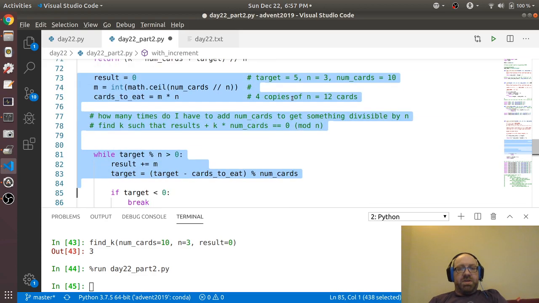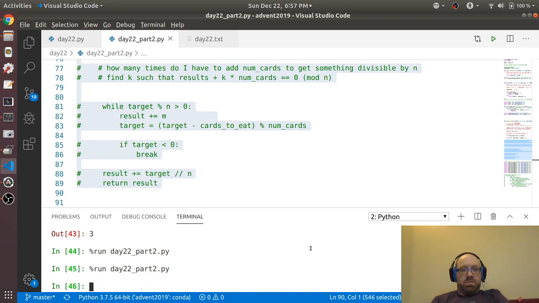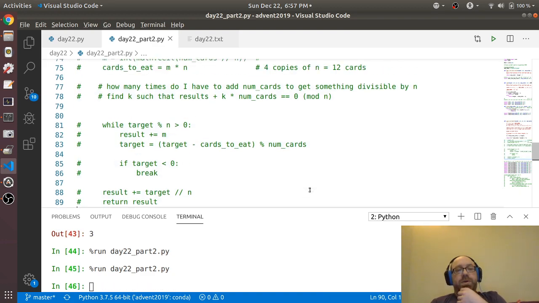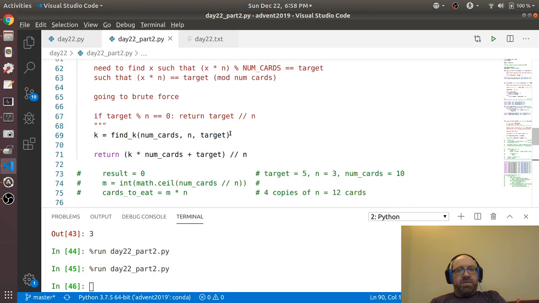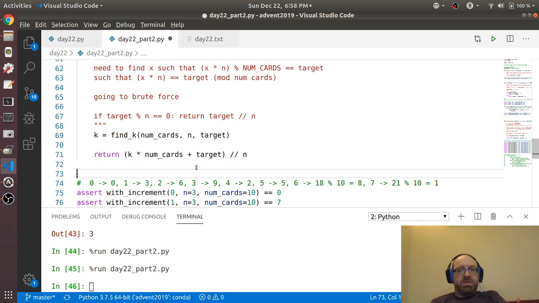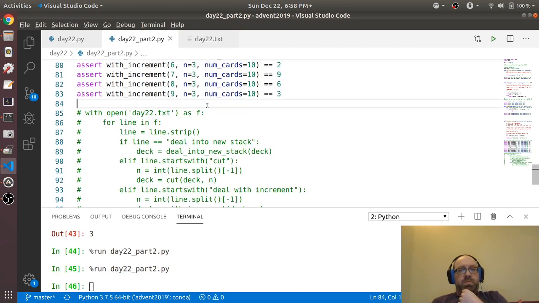So let me see if that actually works. It does work well. Okay, good. And I have all these unit tests, so that makes sense. Okay, good.